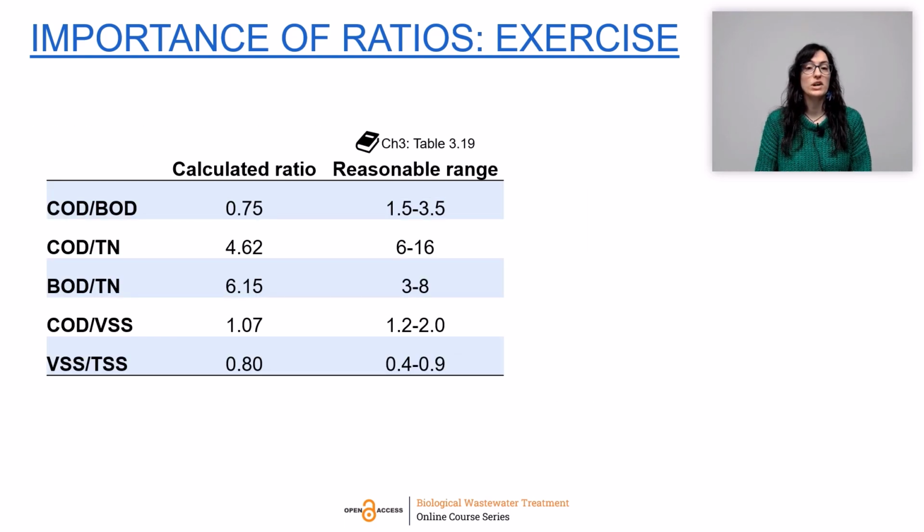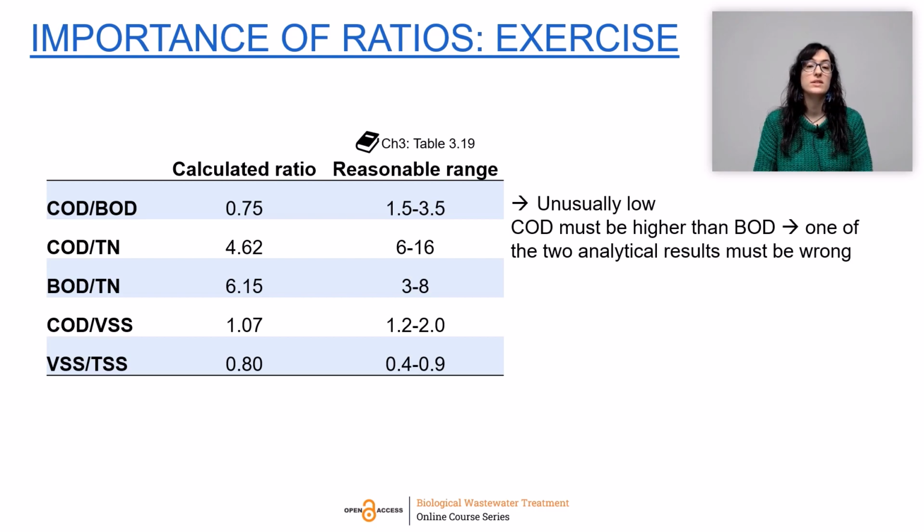To calculate the ratios, we just have to divide the corresponding variables that are indicated by each ratio. For example, for the first one, we divide the COD by the BOD concentration. And here you can see what the results of the calculations could be, as well as the reasonable ranges that were shown before. So let's take a look now at the values.